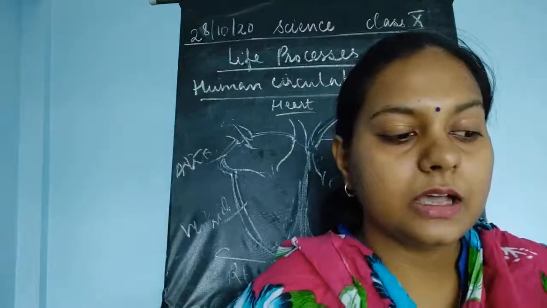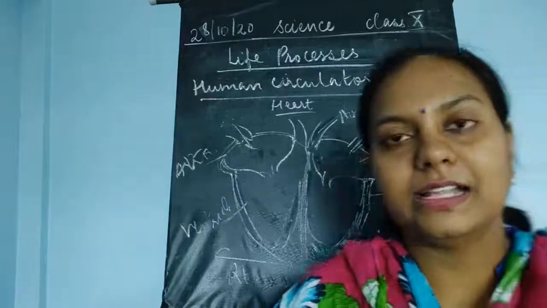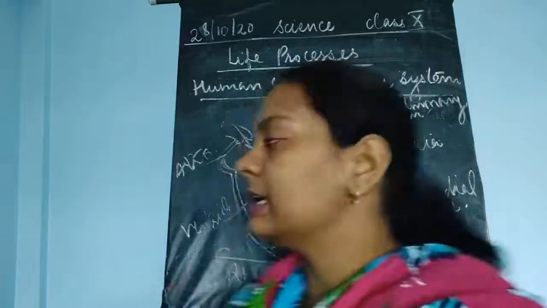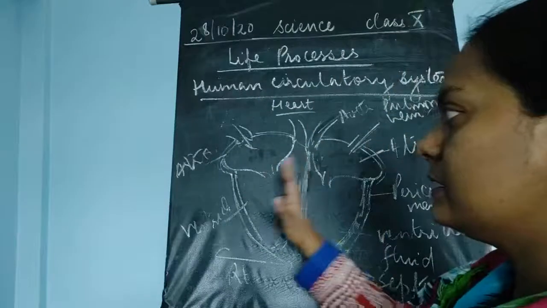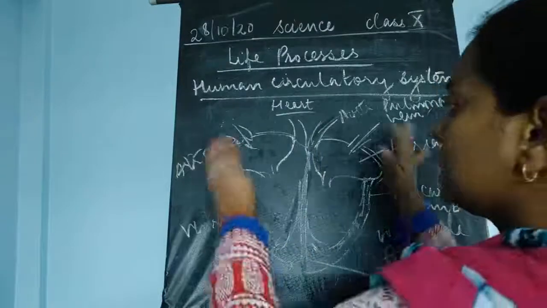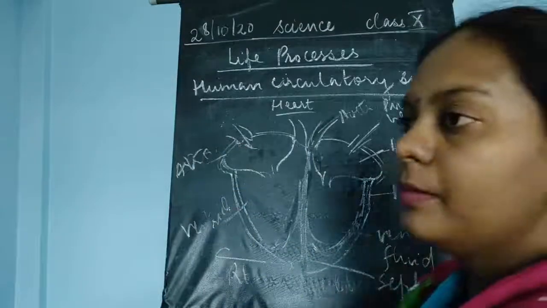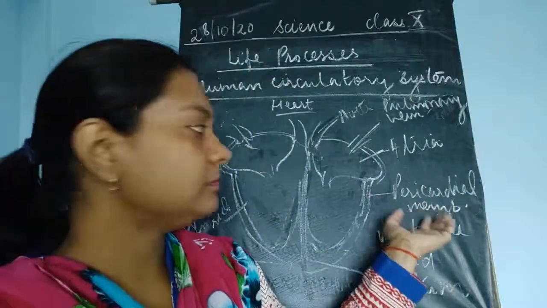in the next class. Before that, please remember the structure of your heart: it contains 4 chambers. The upper 2 chambers are known as the auricles, and the lower 2 chambers are called ventricles. The left and right sides are separated by a septum. The heart is covered by a wall called the pericardial membrane, a membrane because it is transparent and thin.